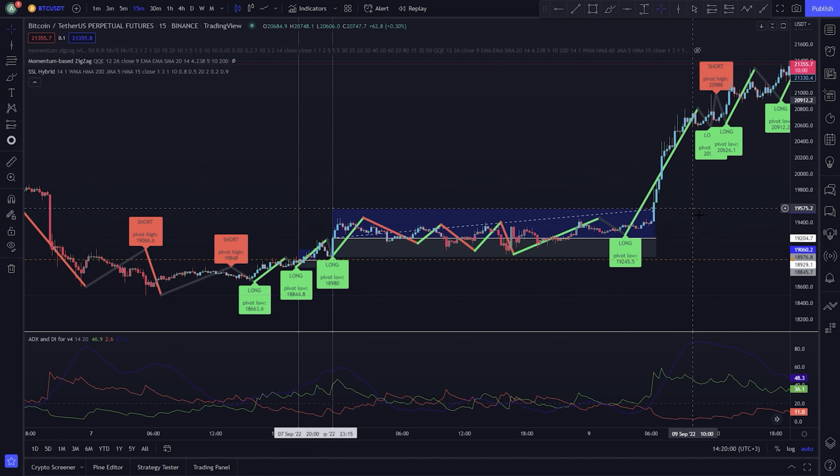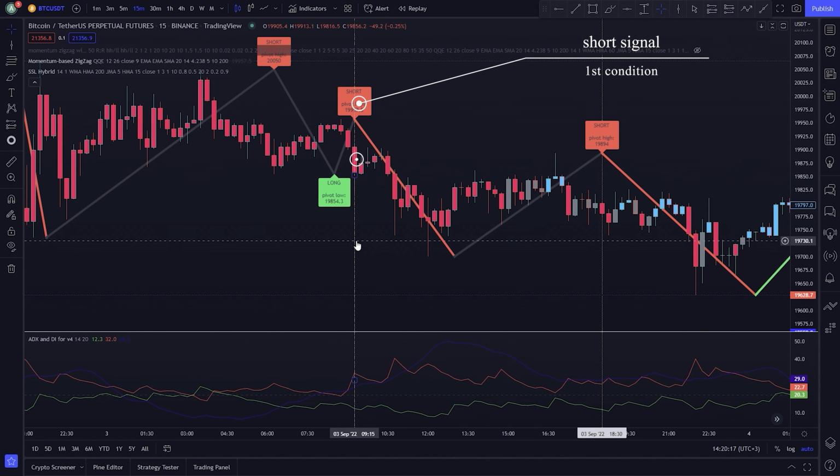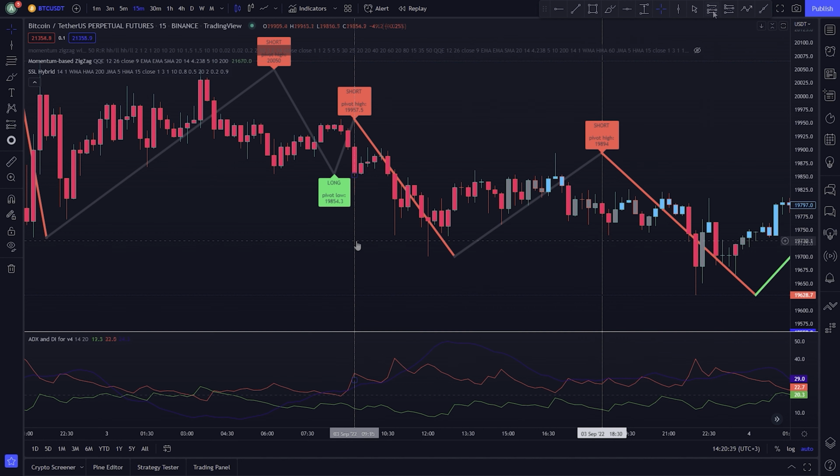And now let's move on to the short condition. For a short signal to be valid: a short signal from Zigzag, a red candle. The red line must be above the green line, and the blue line must be above the 20 level and going up. Now we can take a short position.